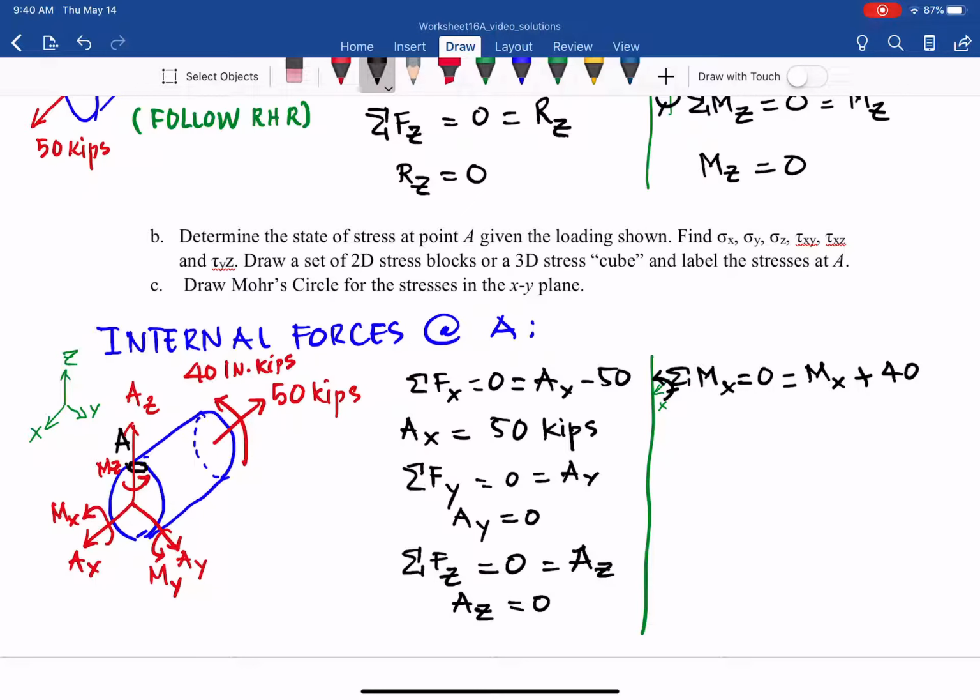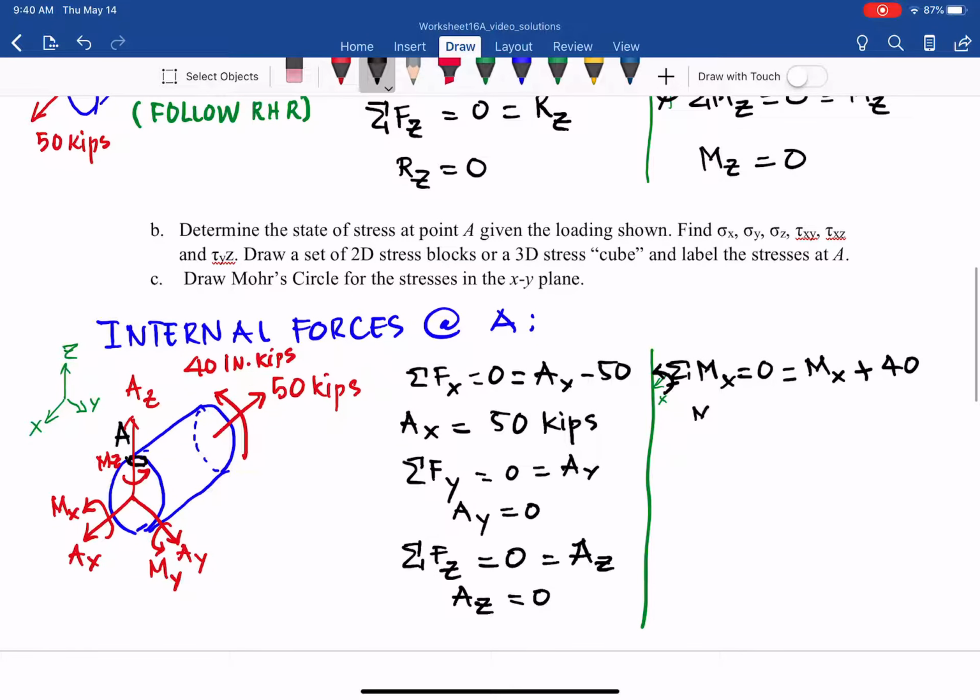Both positive based on our assumption, so Mx is equal to negative 40 inch-kips, opposite to our direction. This one is actually the torsion, because it is the moment rotating about the longitudinal axis of the shaft, so we call that the torsion.